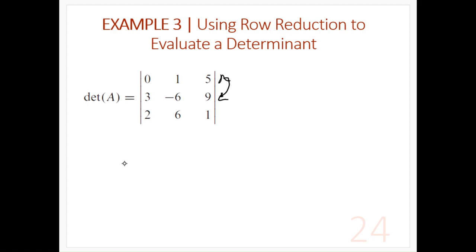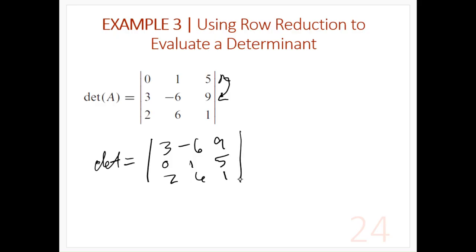So here we have the new determinant of A is going to equal 3, negative 6, 9, 0, 1, 5, and 2, 6, 1. Now, am I forgetting anything? Yes, I am. I need to put in a negative sign here because I have interchanged the rows.